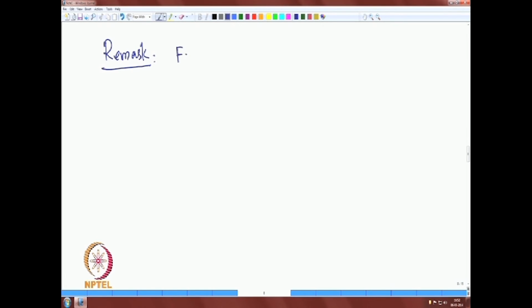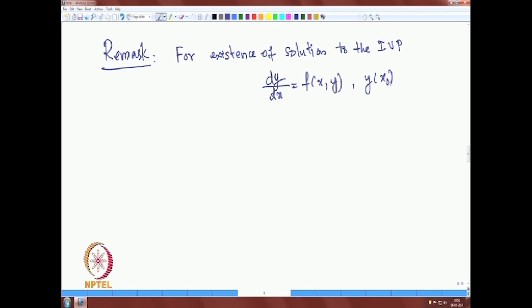So, for existence of solution to the initial value problem, let us recall dy by dx is equal to f of x, y, with y at x0 equal to y0.